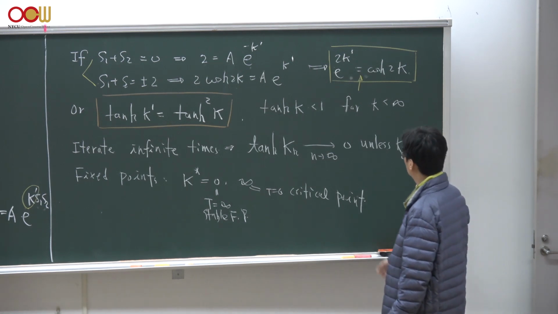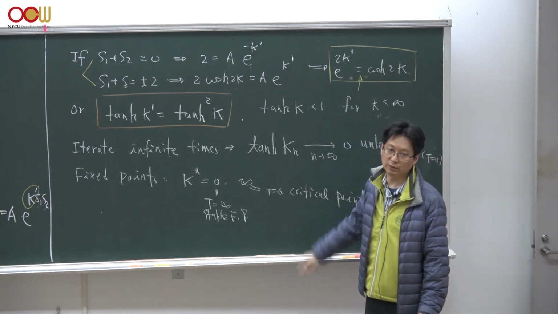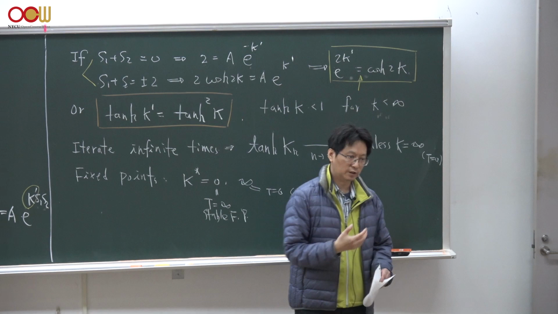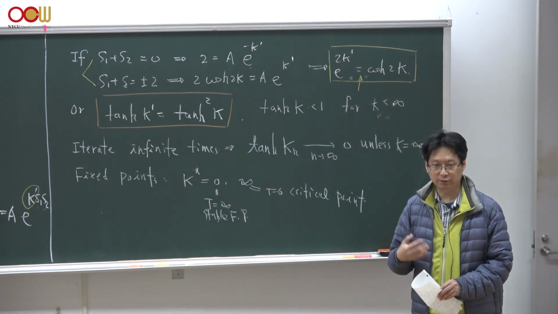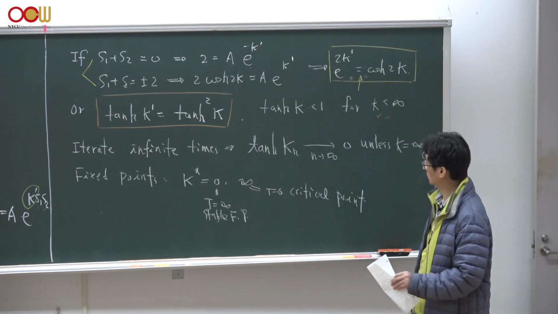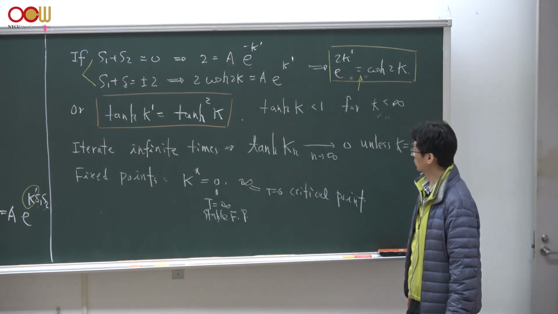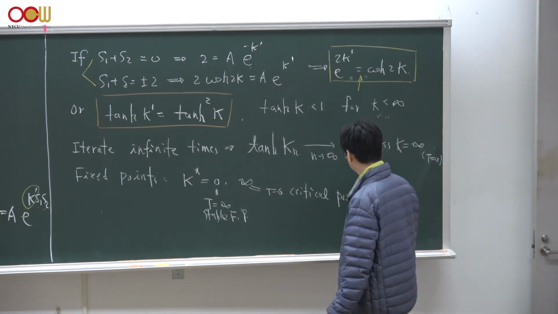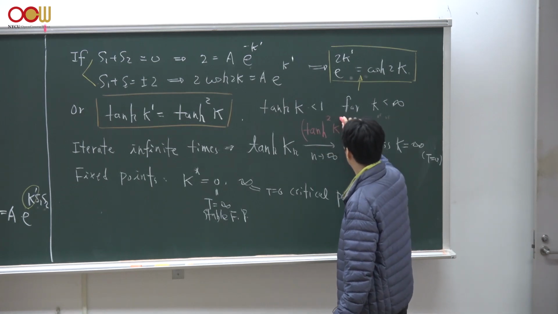And we know that for finite K, hyperbolic tangent of K is always less than 1. Therefore, you could imagine that I could keep performing this partial trace a second time, 3 times, an infinite number of times. So after n iterations, hyperbolic tangent of K_n goes like hyperbolic tangent squared to the power of n.